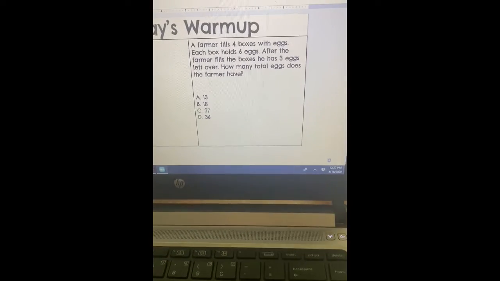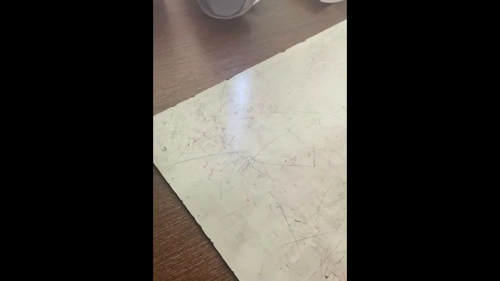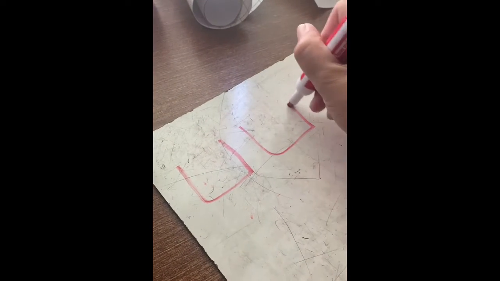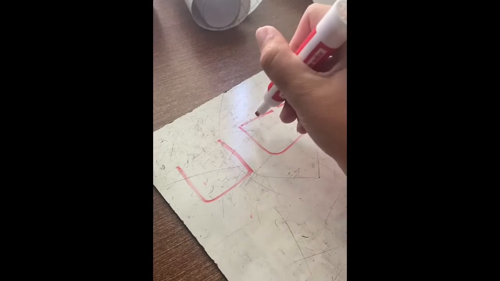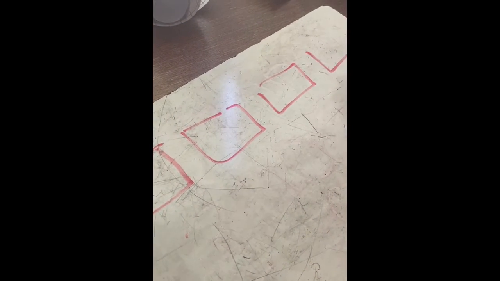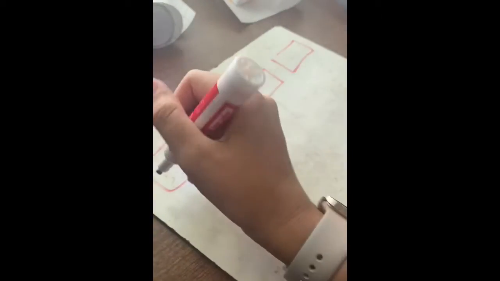It says a farmer fills 4 boxes with eggs. Each box holds 6 eggs, all right? So a farmer has 4 boxes. We'll go ahead and close the boxes. Each box holds 6 eggs.